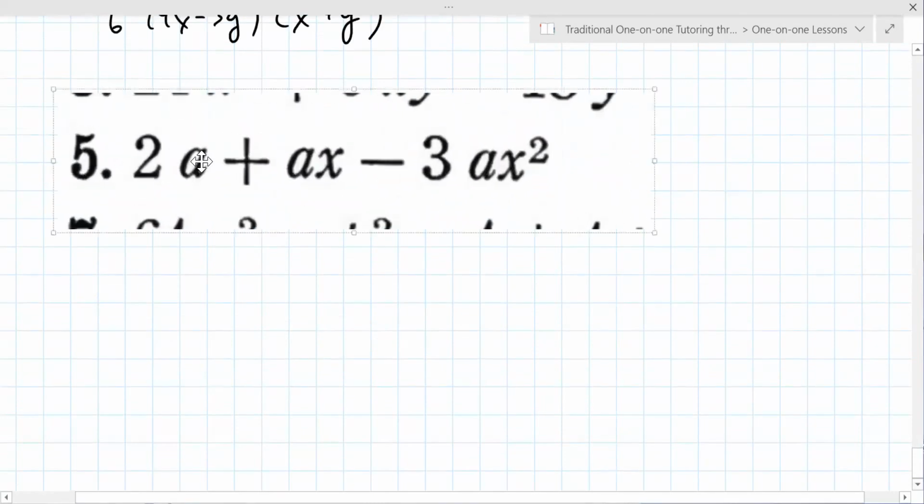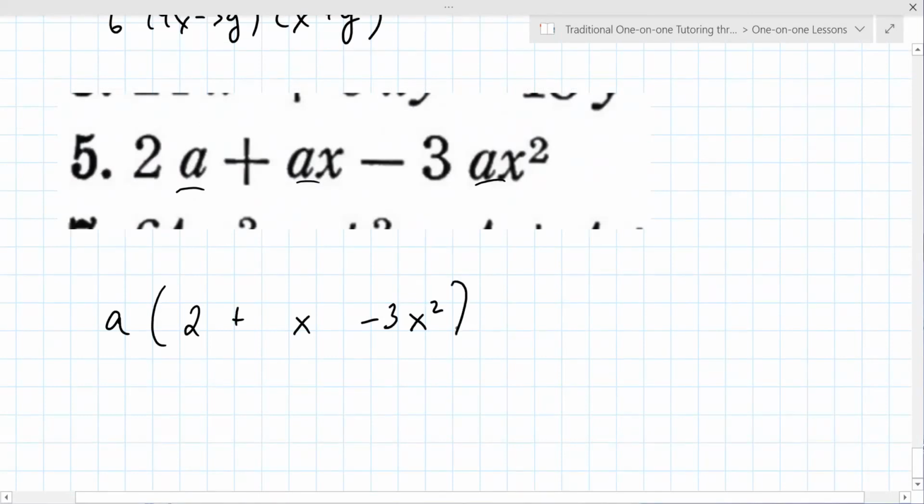Okay, so do you see how there's an a in all of them? Yes. I'm going to factor the a out. So it's 2 plus x minus 3x squared. Okay. Now, for me, I really wish this was positive because I really like it positive. So I'm going to tell you to factor a negative out. So this is going to become positive. Do you see that?